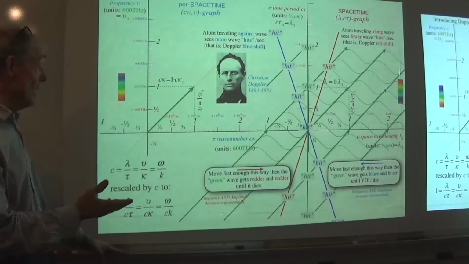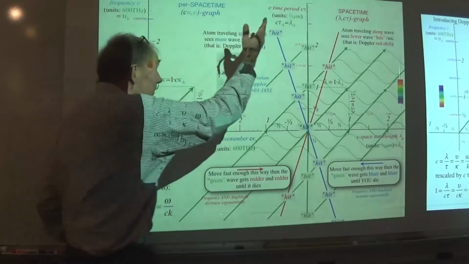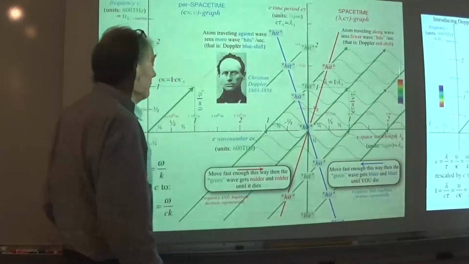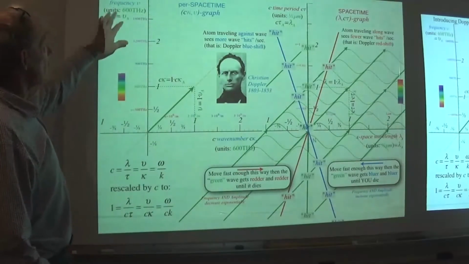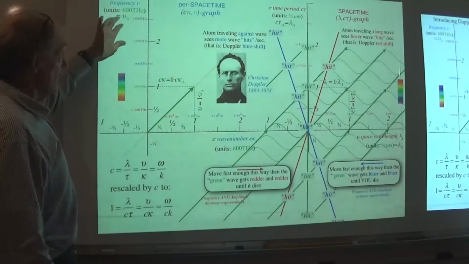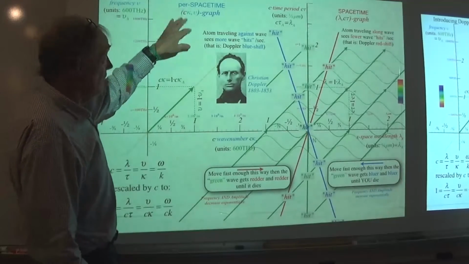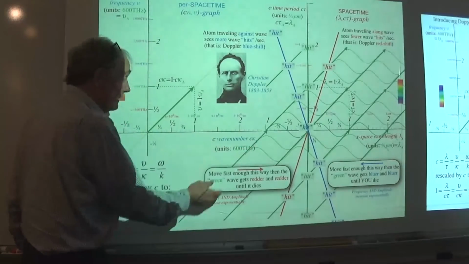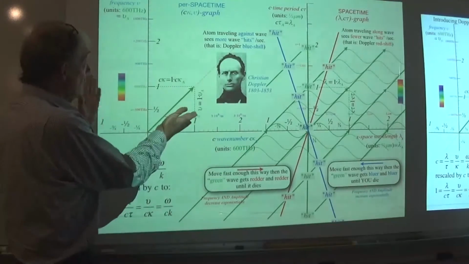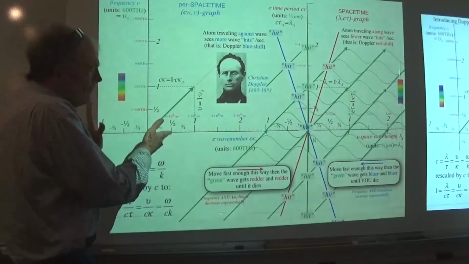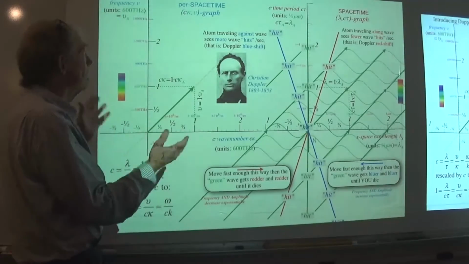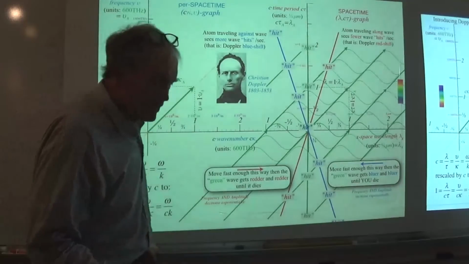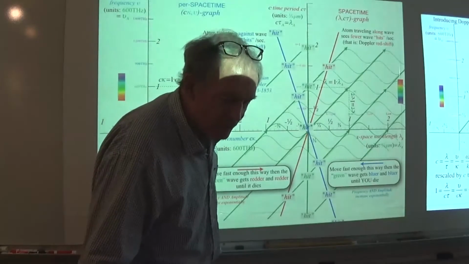So the time graphs are going to have a c put on this axis. The space graphs, the inverse time, the per space-time graphs, are going to have the c put on this axis. Okay, so that both axes turn into frequency. Now, of course, you could make them both Kaisers, but not very many people know Kaisers. That isn't done very often.